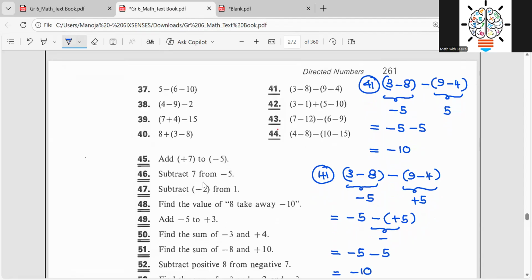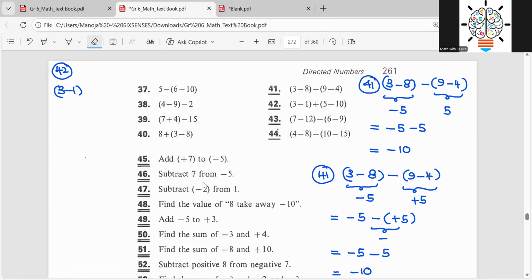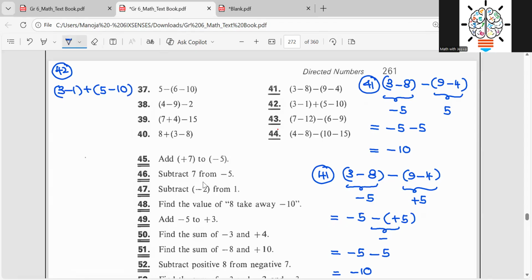Okay. Then I will do question number 42. See, I have 3 minus 1 and I have 5 minus 10. Oh, I forgot to write the positive sign there. So I have 5 minus 10. 3 minus 1, what is the answer? 2. 5 minus 10, what is the answer?